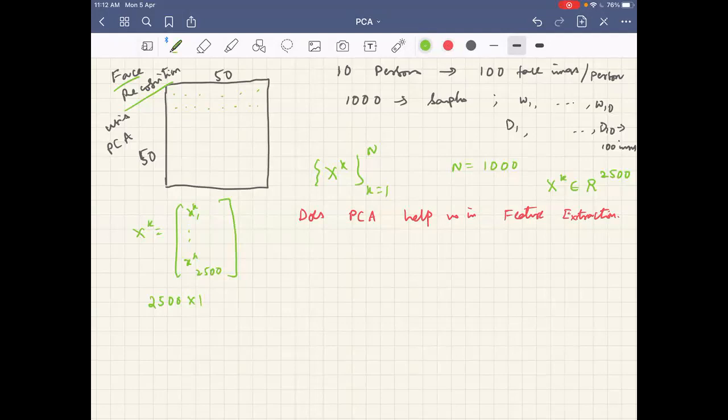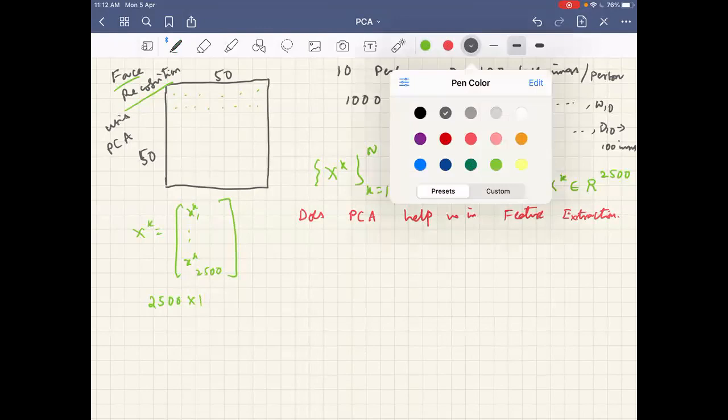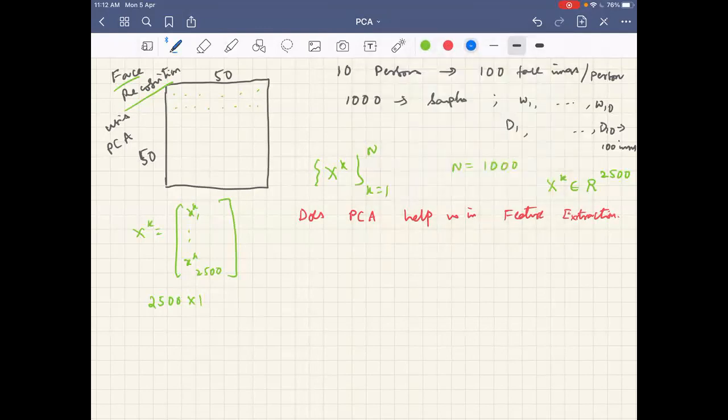So how do we go about it now? I need quick suggestions. What is our first step? You want to apply PCA, fine. So to apply PCA, what should we do first?